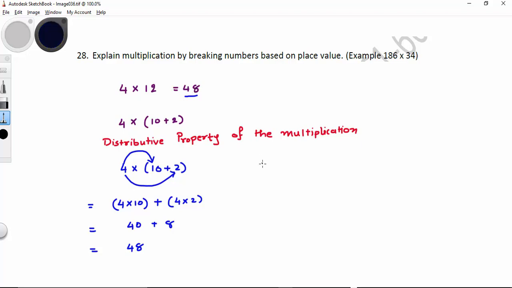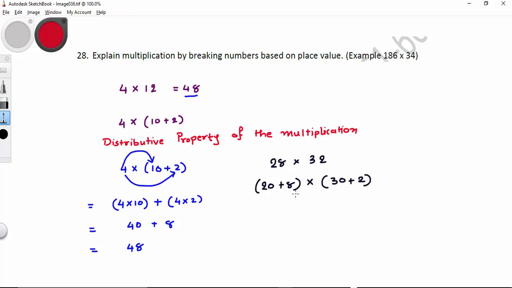Let us say I want to multiply 28 by 32. Now you can't use the times tables here, right? So I am going to break each of these numbers based on the place values. So in the expanded form, I can write this as 20 plus 8 times 30 plus 2.